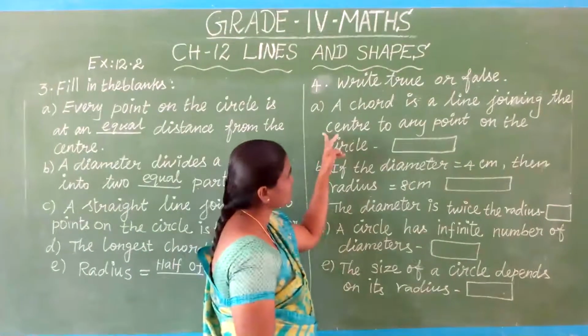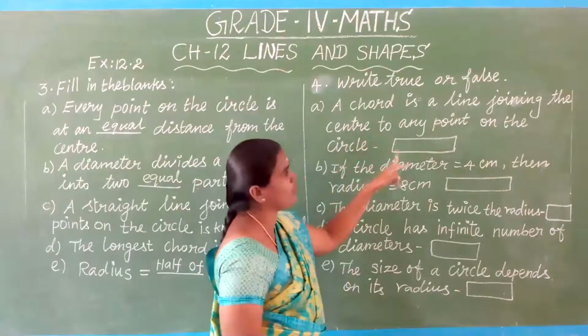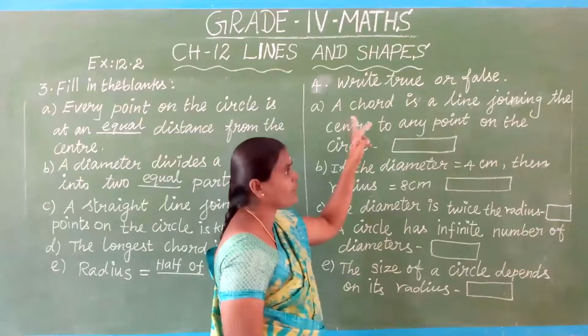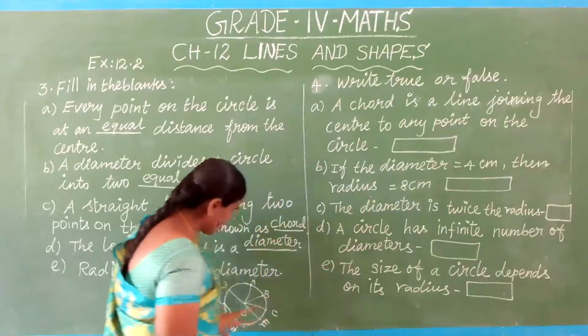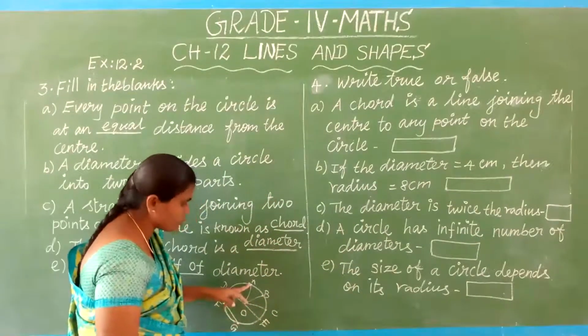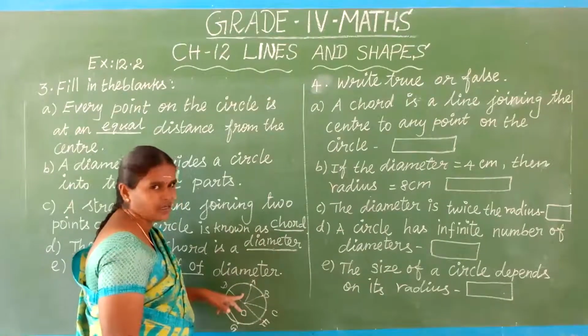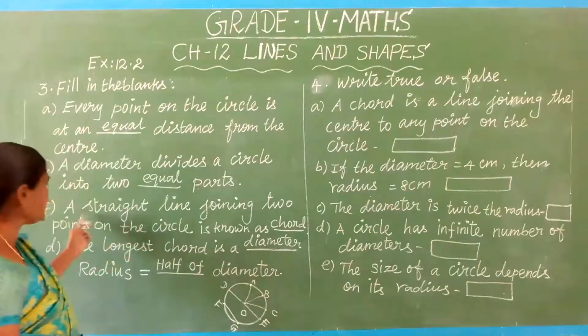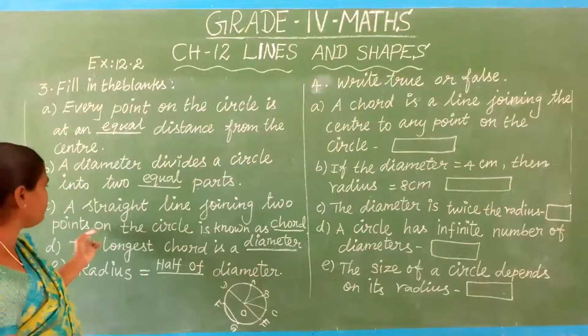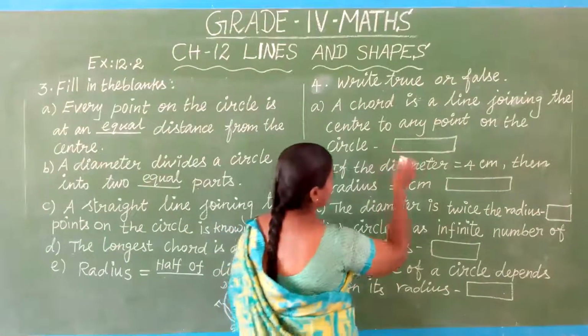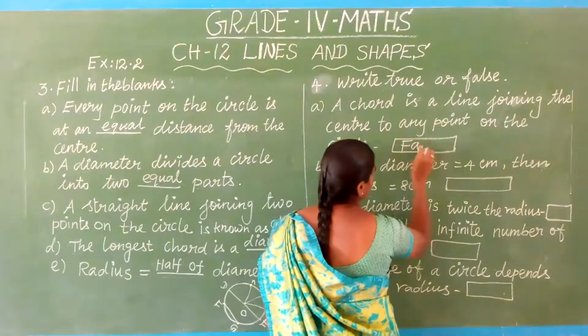Joining the center to any point on the circle means that is radius. That is not the chord. Chord means a straight line joining two points on the circle. So the statement is false.